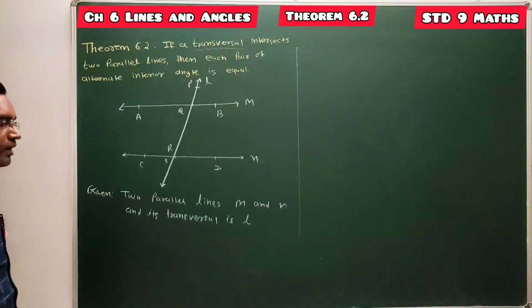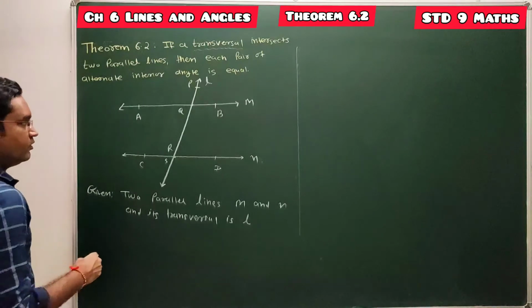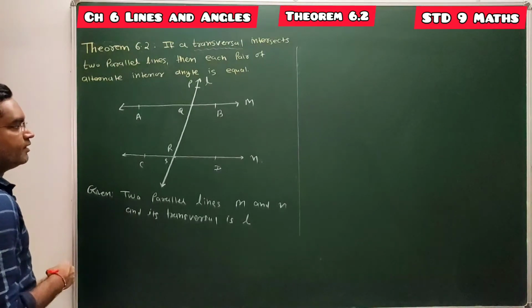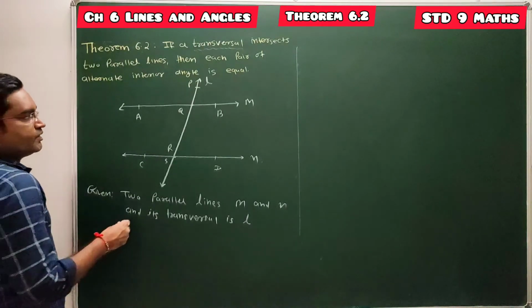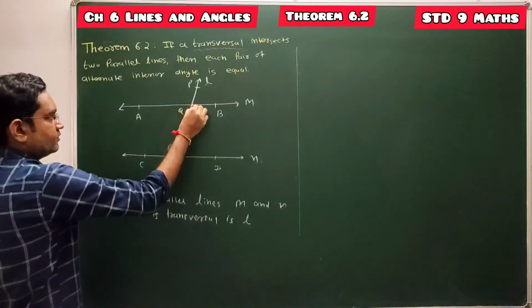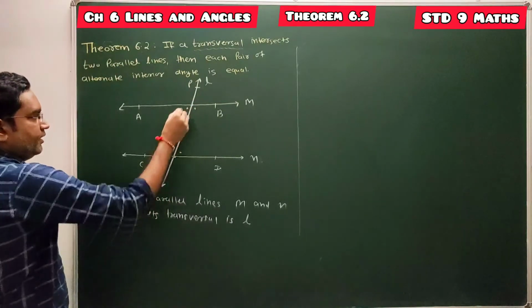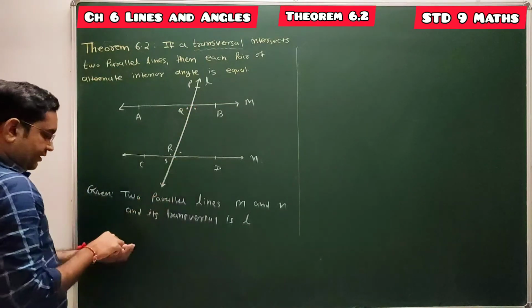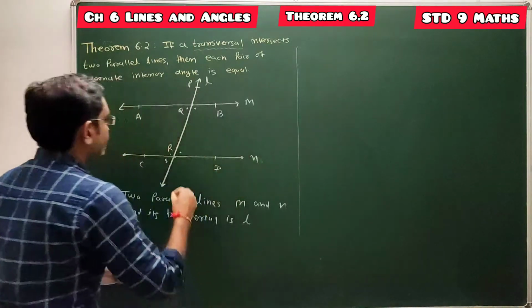We know that when two parallel lines and a transversal are there, alternate interior angles are formed. So here you have to prove that alternate interior angles are equal. Which are the pairs of alternate interior angles? These four angles are all interior angles, and these two pairs of angles are alternate interior angles. Let's represent those angles by this yellow color.